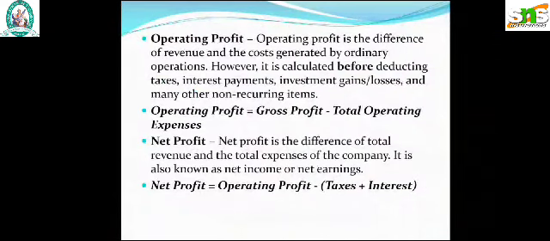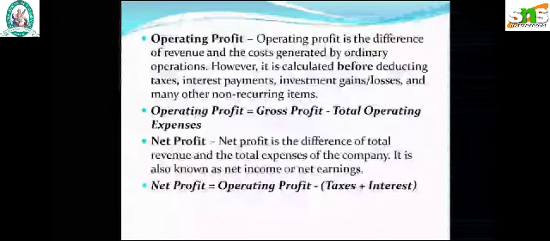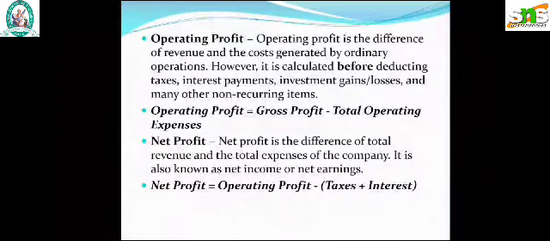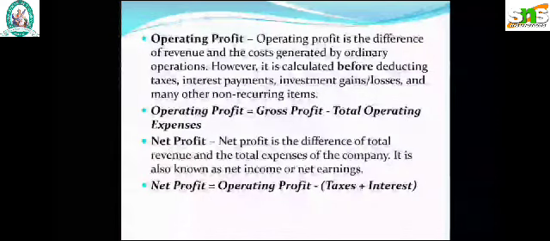Next one is operating profit. Operating profit is the difference of revenue and the cost generated by original operations. However, the calculation is before determining tax, interest payment, investment gains, loss, etc. The formula is operating profit equals gross profit minus total operating expenses.